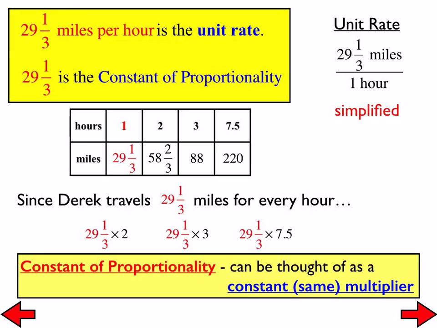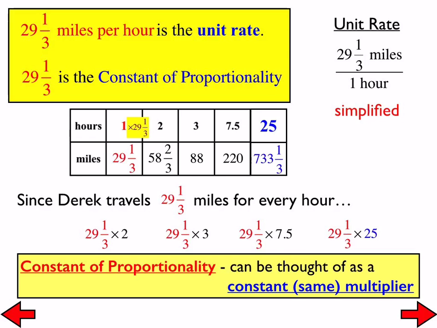It's the number that we are using to multiply each time to figure out what we're trying to figure out. And in this case, the constant multiplier is 29 and 1/3, because depending on how many hours he traveled, we would multiply that by 29 and 1/3 every single time. So if I wanted to figure out how far he traveled for 25 hours, I would do the same thing. The constant multiplier is 29 and 1/3.